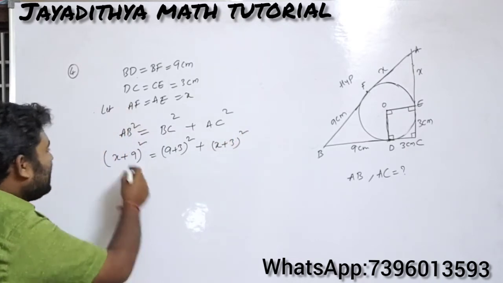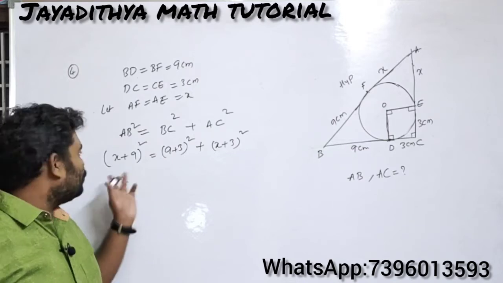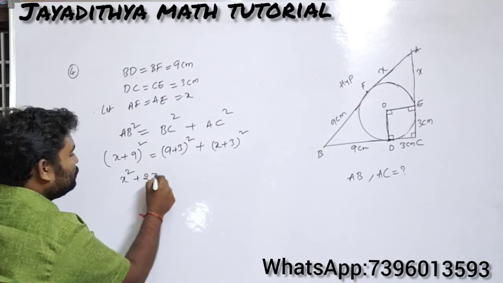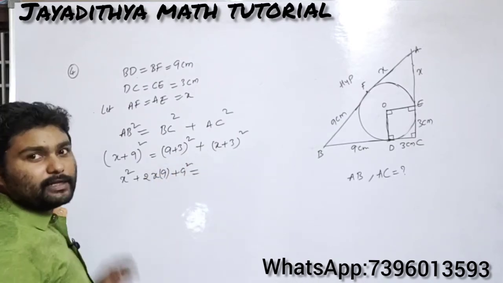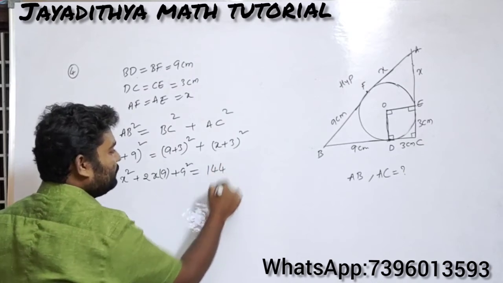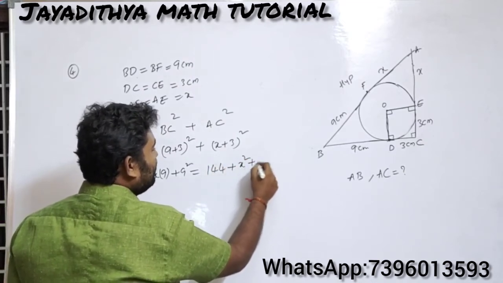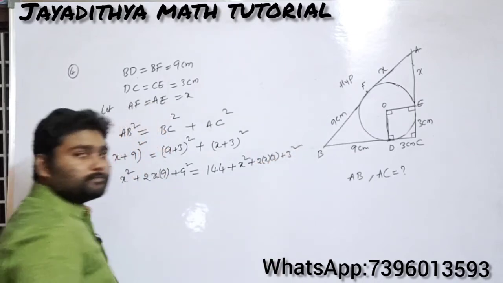Clear? Then expand this in the form of (A plus B) whole square. Don't write X square plus 9 square simply. This is A square plus 2AB plus B square, which is equal to 9 plus 3 is 12 square, that is 144, plus again the (A plus B) whole square formula, A square plus 2AB plus B square.